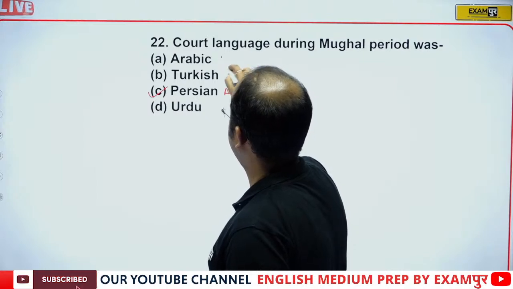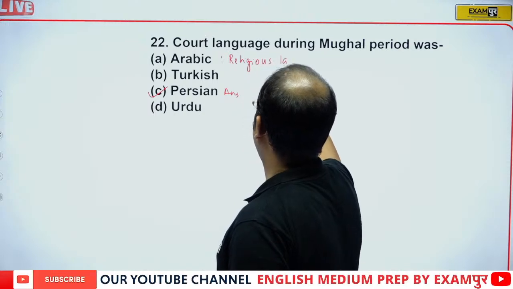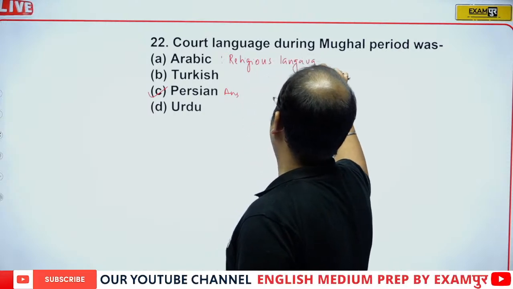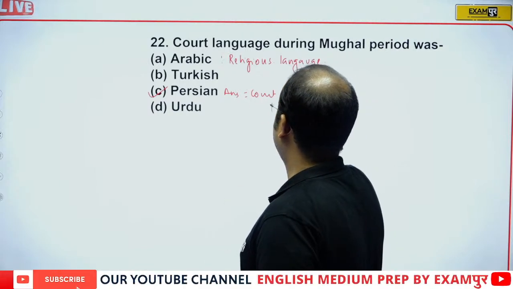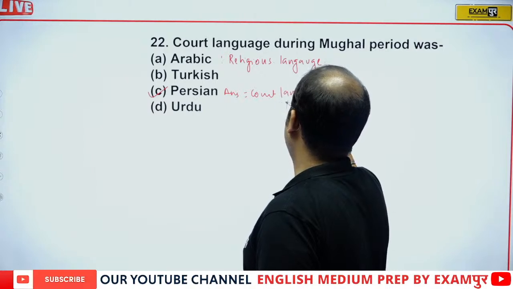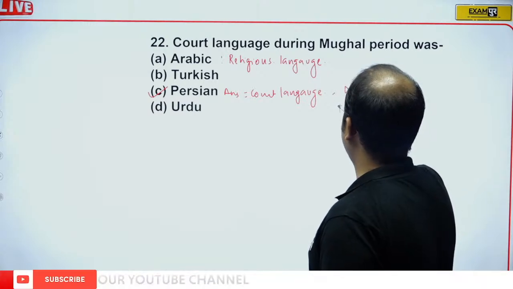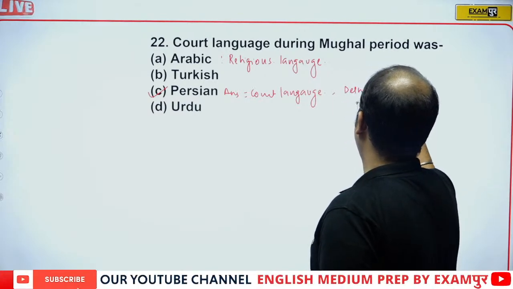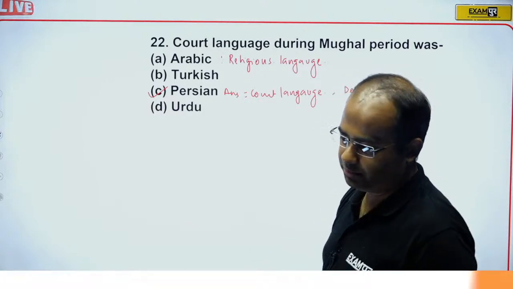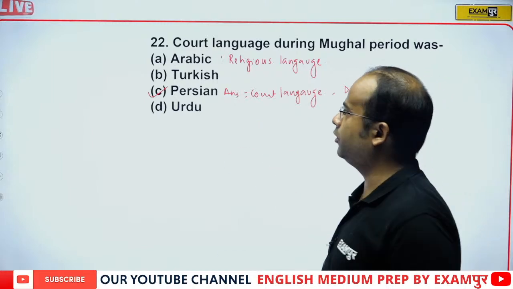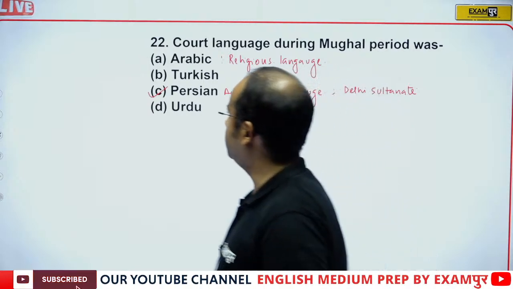And the religious language was Arabic. Court language was Persian. And during the time of Delhi Sultanate also it was Persian. So the correct answer will be option C, that is Persian, which is also called Farsi.